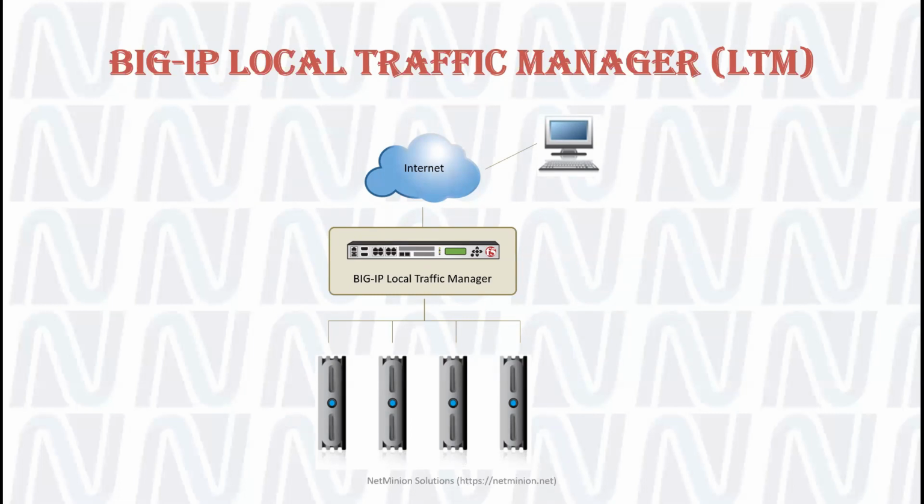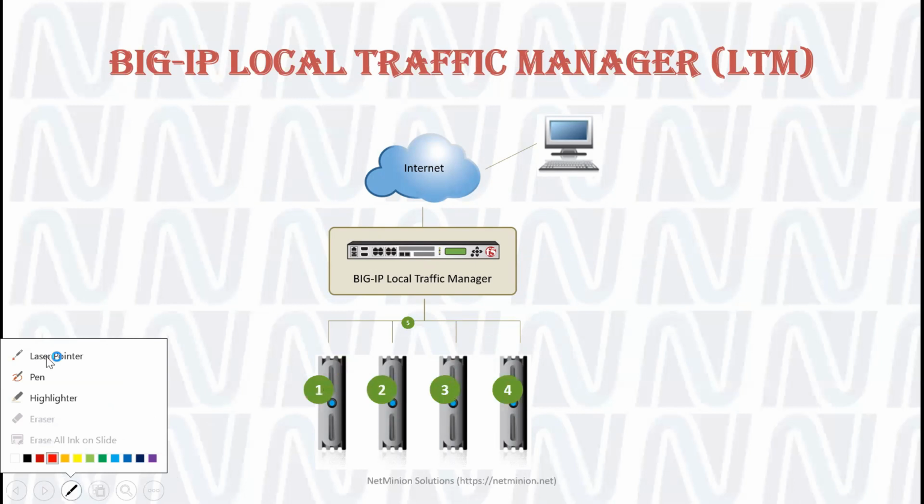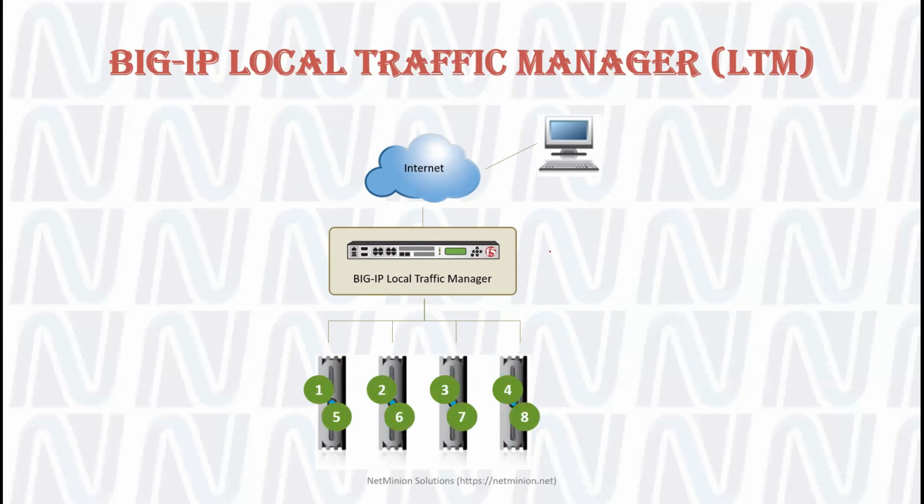Now, as you can see on the screen, we have one device, that is LTM. The first work of the local traffic manager is load balancing. We have four application servers, and it is serving all the traffic in a round robin fashion.